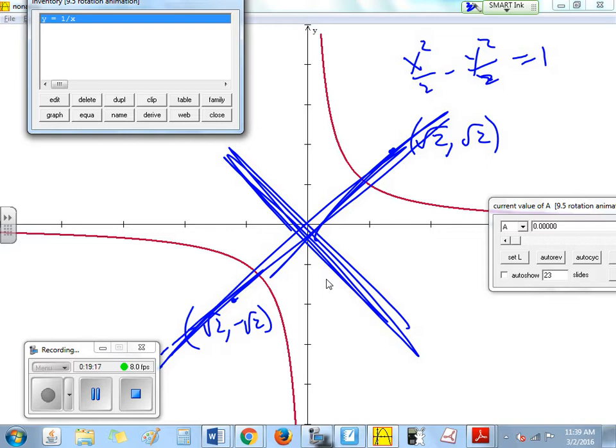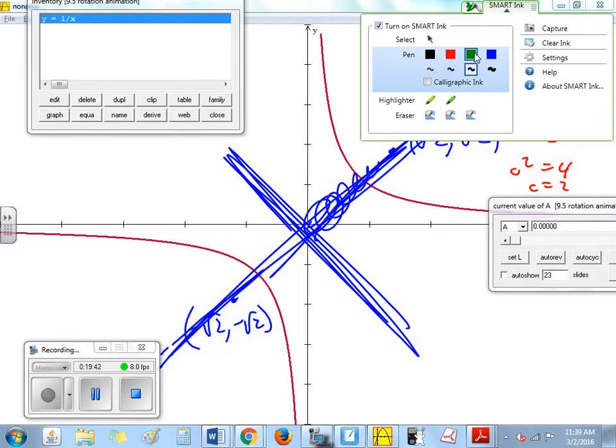And it's a very simple thing to show that the c value is 2. Remember, c squared is a squared plus b squared, so it would be 2 plus 2, which is 4. So c squared is 4, c is 2. So in other words, this distance is 2 right here. I'll highlight it in green. This distance is 2.